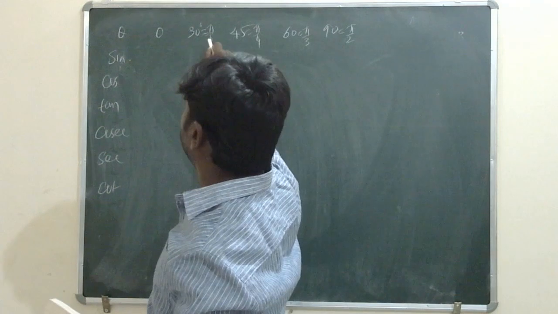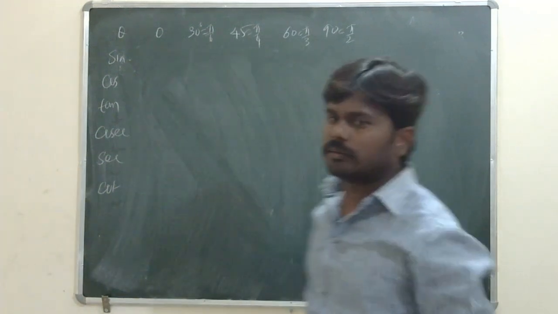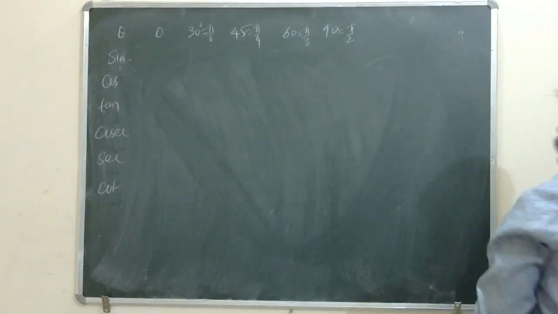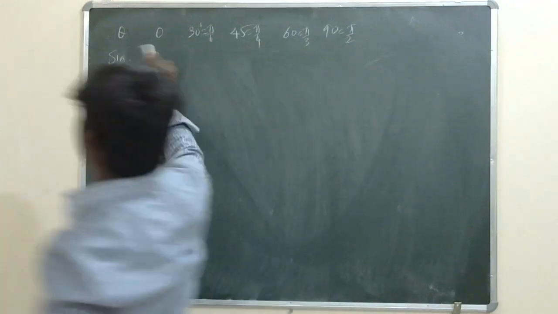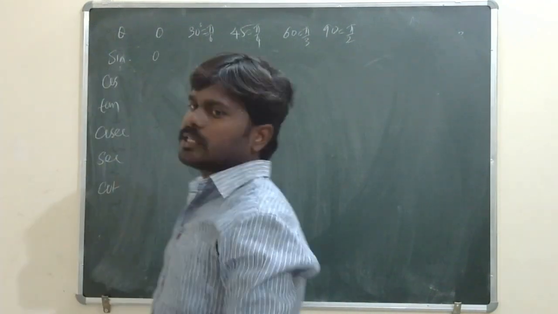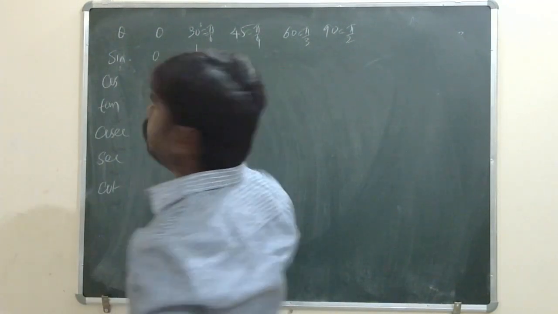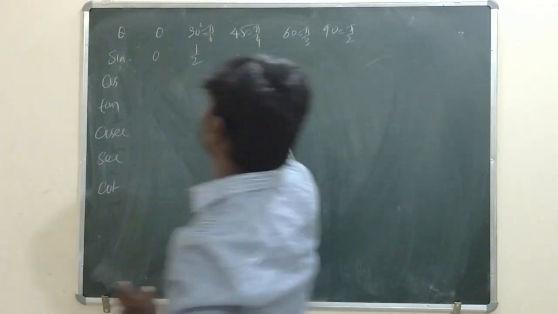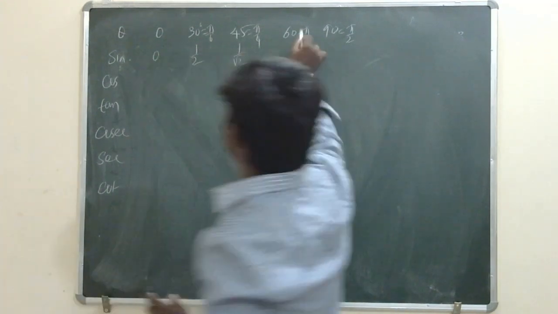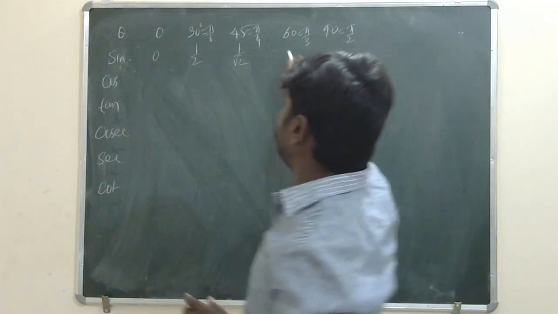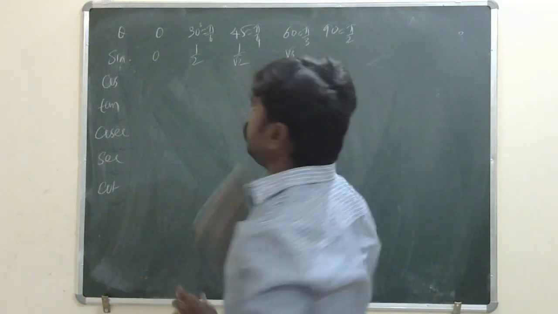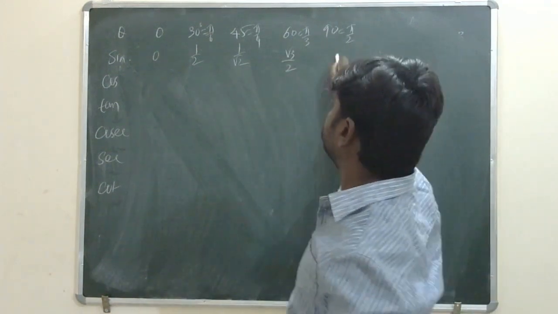Try to adopt the radian measurement, because that is important. So sin 0 value is 0, sin pi by 6 value is 1 by 2, sin pi by 4 value is 1 by root 2, sin 60 or sin pi by 3 is root 3 by 2, and sin 90 is 1.